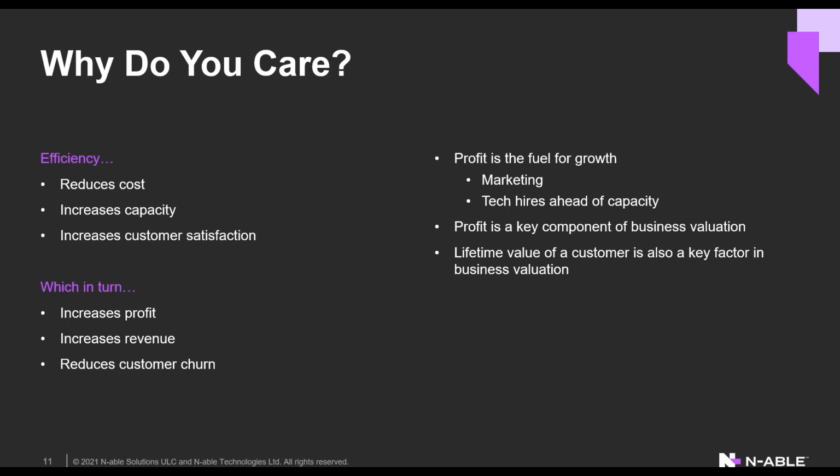Okay, which goes towards business valuation, right? The longer you maintain your clients, the better your SOPs, SLAs, and SOWs, which are standard operating procedures, service level agreements, and statements of work, look when you're being purchased.